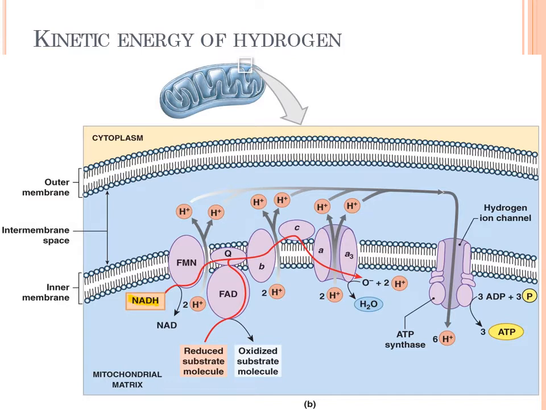It's been produced, and it's bringing hydrogen ions to the electron transport chain. It releases its hydrogen ion here, and it gives its electron to this first protein. You see these are like integral membrane proteins that make up the electron transport chain. So the electron has been given to this protein, and the hydrogen ion has been released into the matrix of the inner mitochondria.